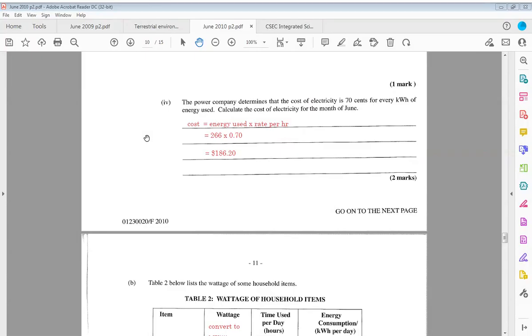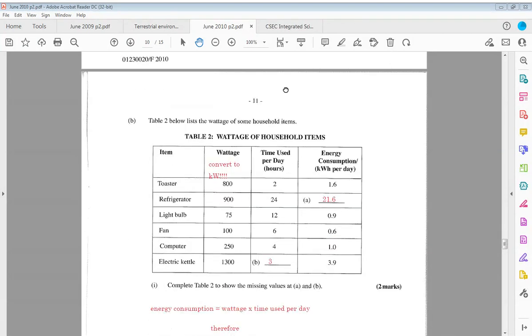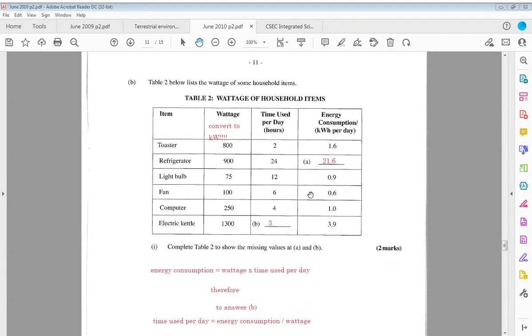So calculate the cost of the electricity for the month of June. So remember the formula, the cost is going to be the amount of energy used multiplied by the cost per kilowatt hour, which is going to be 266 kilowatt hours multiplied by the 70 cents, which will give us $186.20. So I hope so far this is very easy.